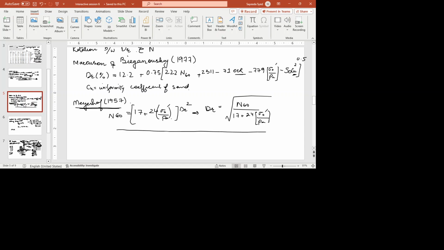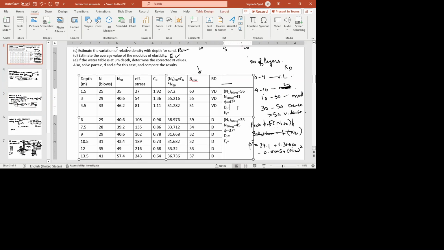So the Dr will be 1.33. Let me check on BODMAS how this is calculated.